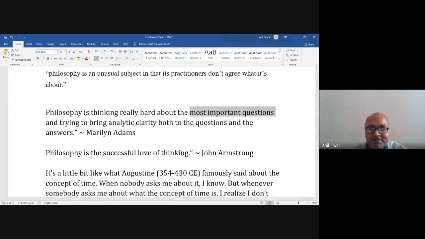What are the most important questions? The most fundamental questions, in fact, are the most important questions. And in dealing with those questions, we are trying to bring a kind of conceptual clarity in our deliberation.